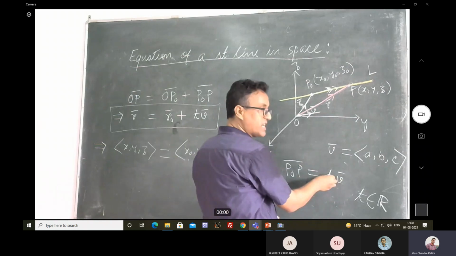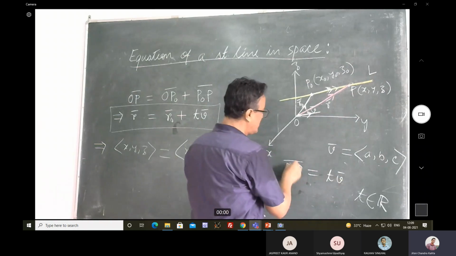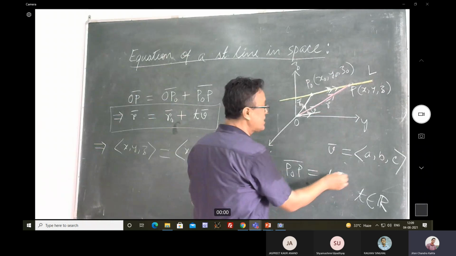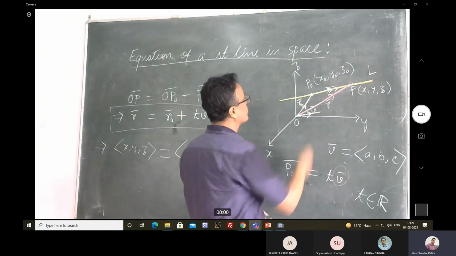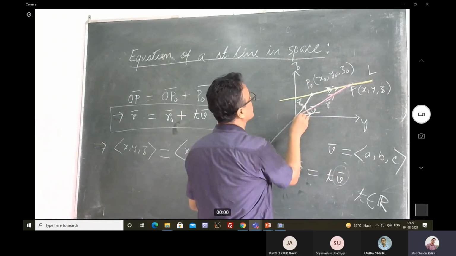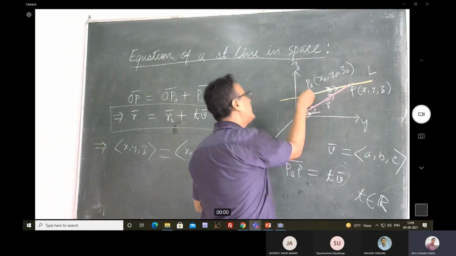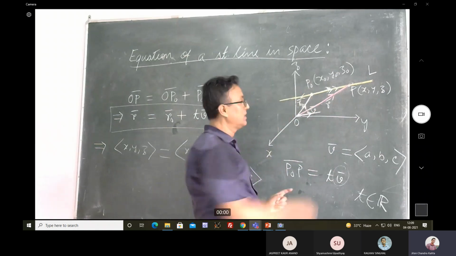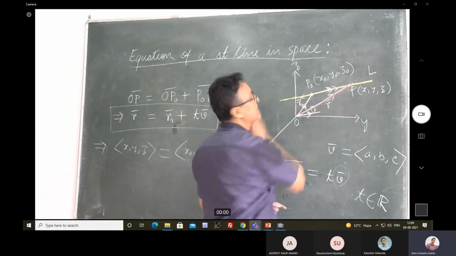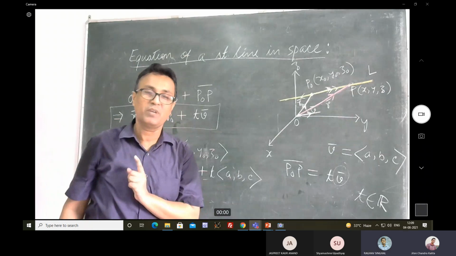But if t is negative, then the direction of P naught P is going to be opposite to V. So I am going to go in this direction and then move in that direction in order to find the point P here. Is it clear to everybody?